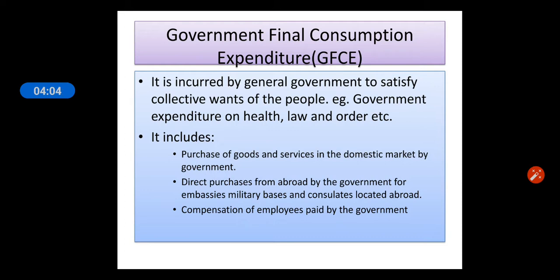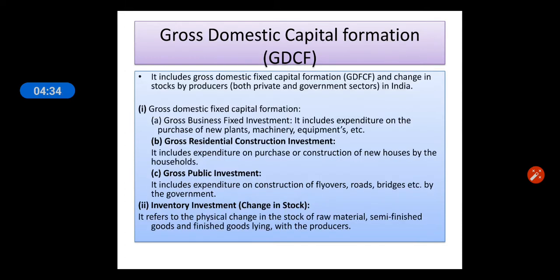This is an expenditure on administration, defense, health, education. It includes purchase of goods and services in the domestic market by government, direct purchase from abroad by government for embassies, military bases, and consultants located abroad, and compensation of employees paid by the government. Okay, these are your government final consumption expenditure.